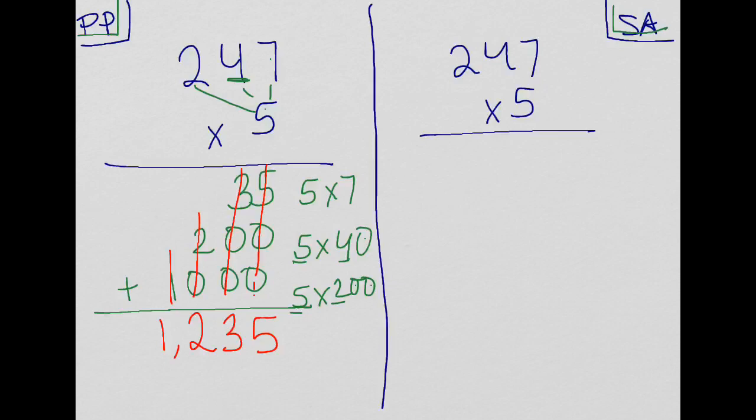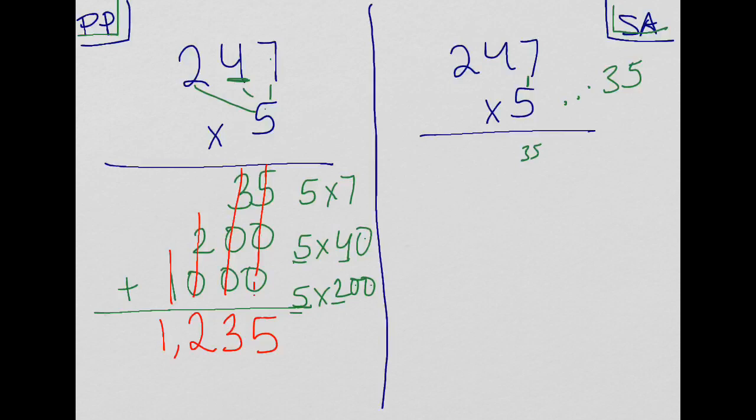Now let's take a look on the other side where we're working with standard algorithm. I want you to really get to see how this is working. So just like partial products, I'm going to start here with my 5, and I'm going to think 5 times 7. Now if you remember, over here, we already did 5 times 7. We knew it's 35. But for standard algorithm, I might be thinking, okay, 35, but I can't write 35 in the ones place.